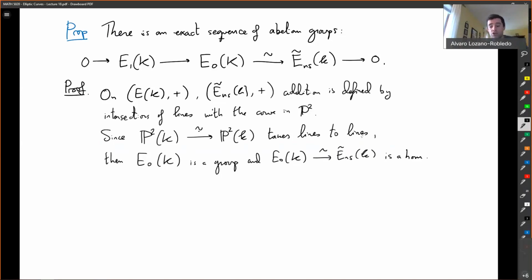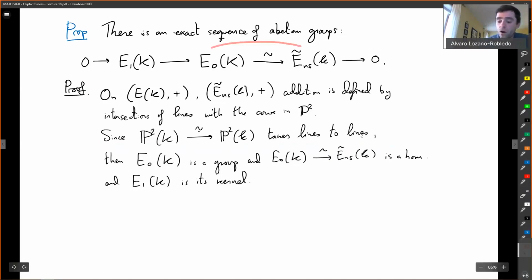Since E naught is exactly the points that map to non-singular reduction, that is a homomorphism, and E1 of K is its kernel. So it is another abelian group. That proves that part of the exactness.